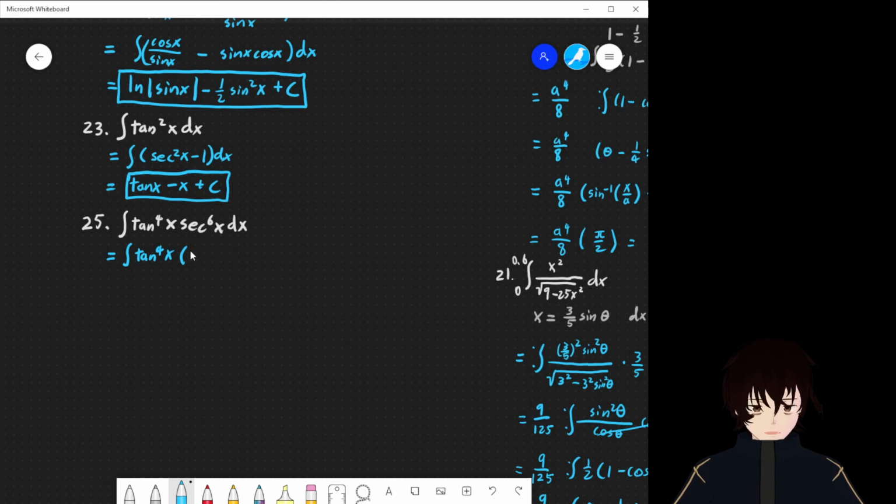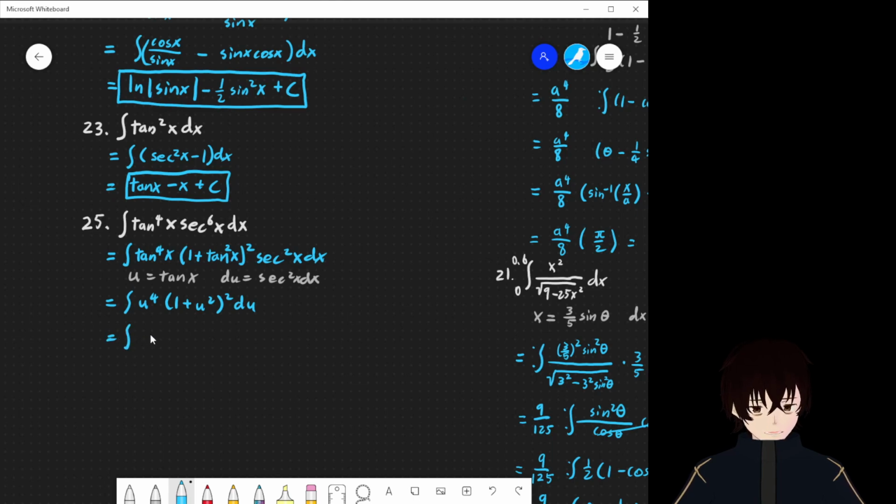So this is gonna be 1 plus tangent squared x, squared, times secant squared x dx. Then we're gonna do a u sub. u is equal to tangent x, du is equal to secant squared x dx. So that cancels out perfectly. We get the integral of u to the power 4 times 1 plus u squared squared du.